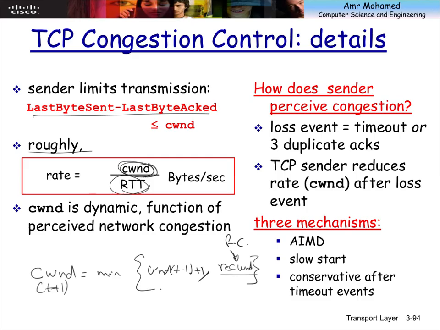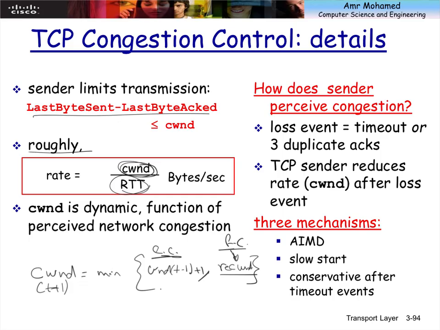Otherwise, we keep increasing. So this is for congestion control and this is for flow control. This way I can abide by both, so I avoid overwhelming the receiver and I avoid overwhelming the network. By this simple algorithm, we can avoid both.